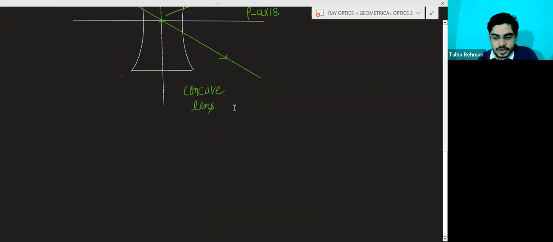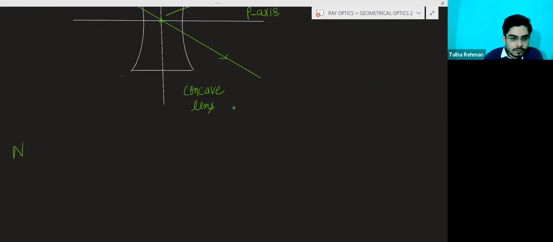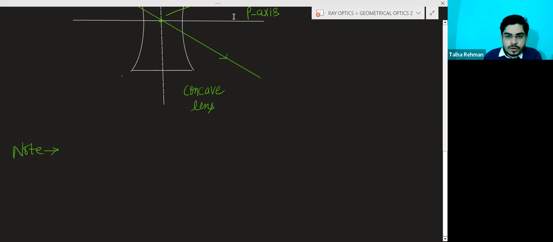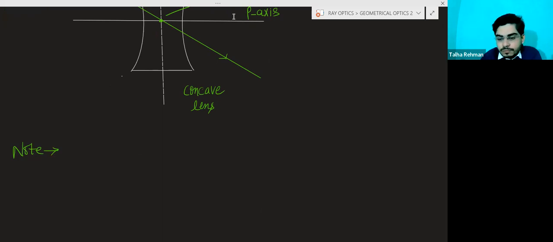One more point I want to add. Earlier, I told you that in case of spherical surfaces or spherical mirrors, all the distances are measured from the pole. Now, in case of lenses, all the distances we will measure from the optical center.